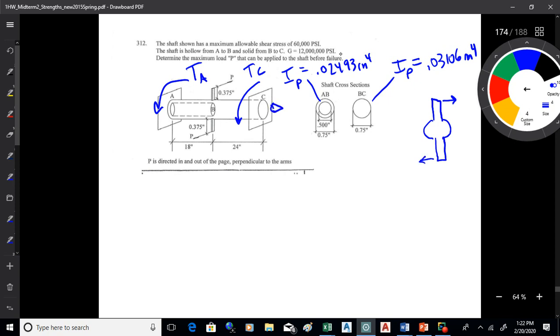So what I'm doing, I'm looking down that way. And what I'm going to see are these loads P and P. If you remember from statics, you deal with a couple. Well, that's what a couple is, okay? It's the force and their offset distance. So we got 0.375 and 0.375 and 0.75, so I think that's going to be something on the order of about 1.5 inches.